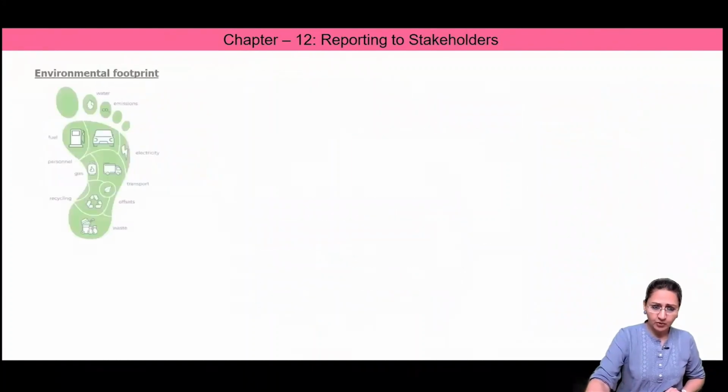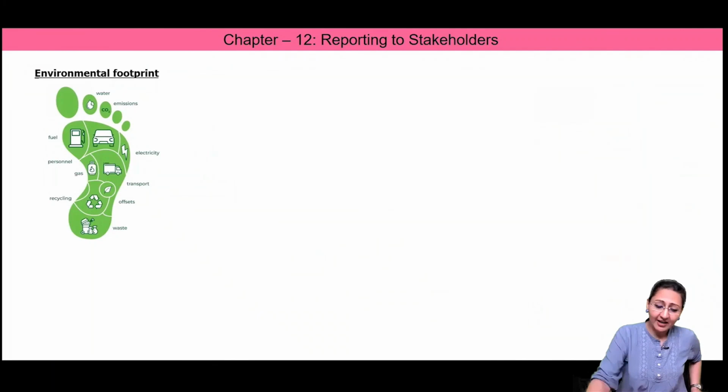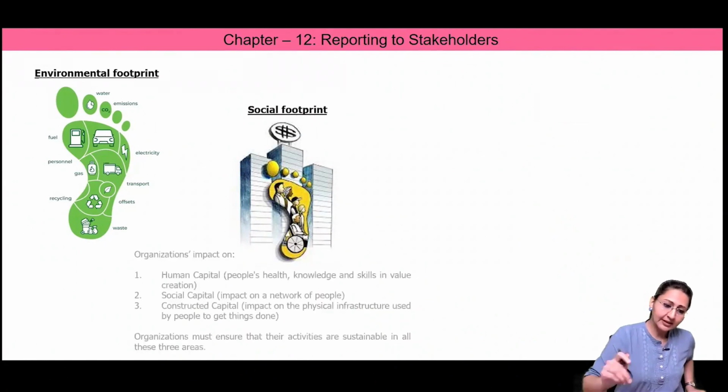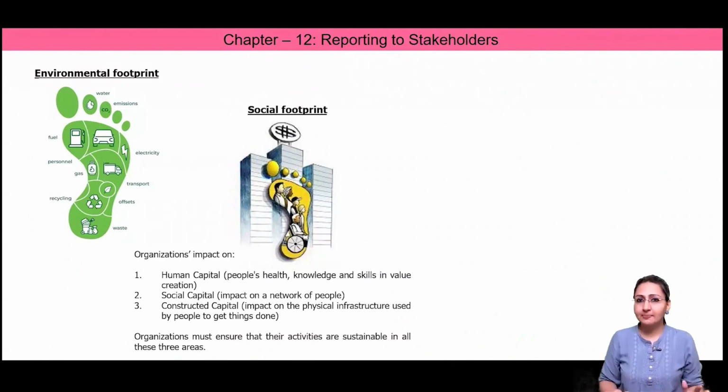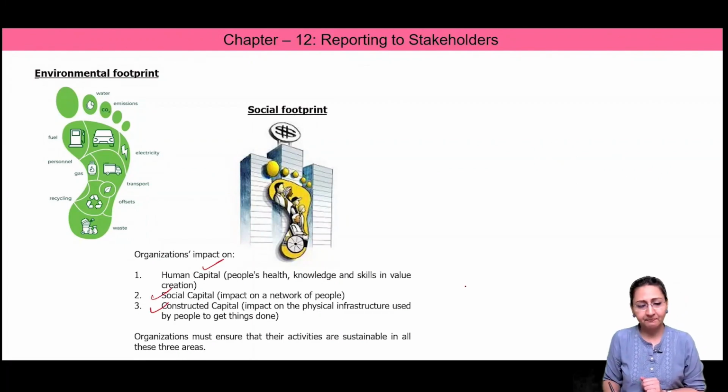Then let's move to environmental and social footprint. Environmental footprint: the company operates and impacts the environment. With the environmental footprint, we try to measure that impact of the business on the environment. Social footprint is the organization's impact on society, meaning the human capital, the social capital, and the constructed capital.